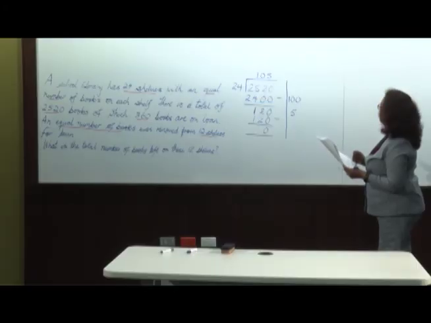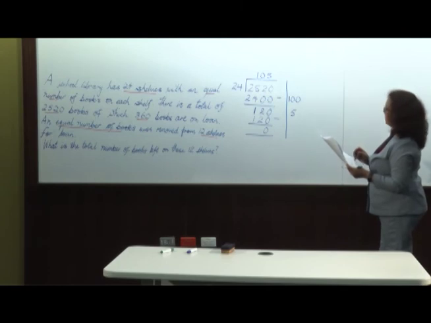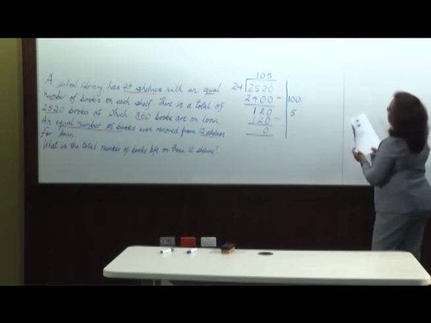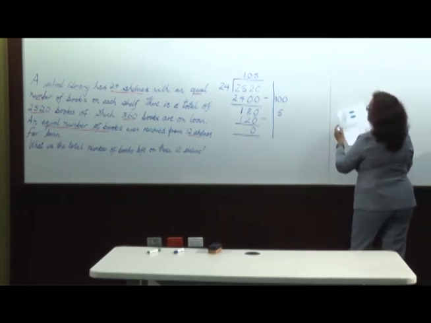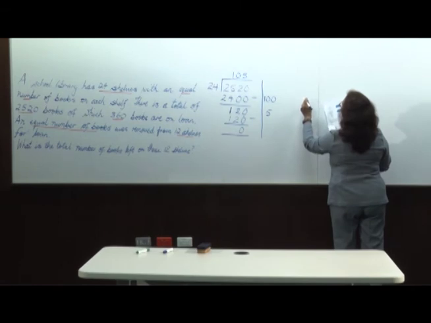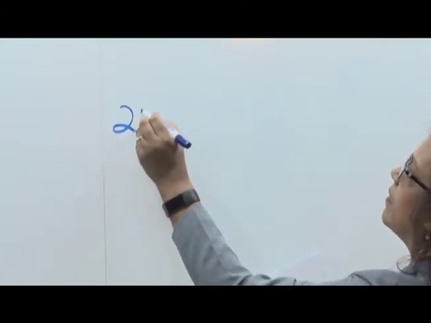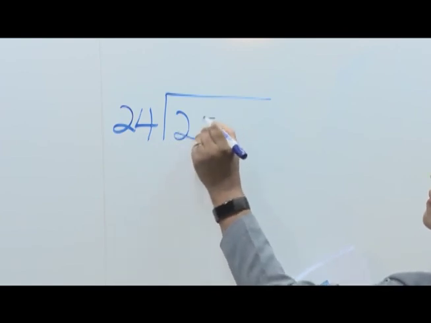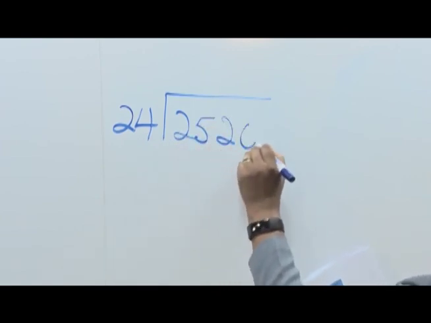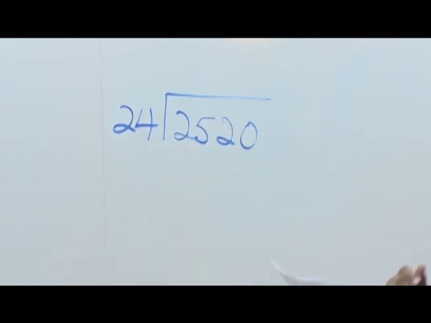And boys and girls, I am now simply going to do this over using what we know as our long division algorithm, and it's very simple. So we are now going to go to our long division algorithm, which you are familiar with.